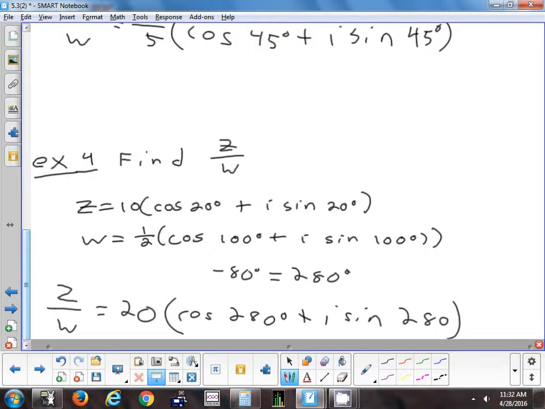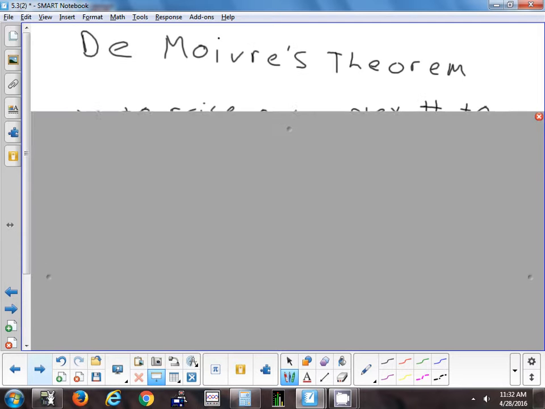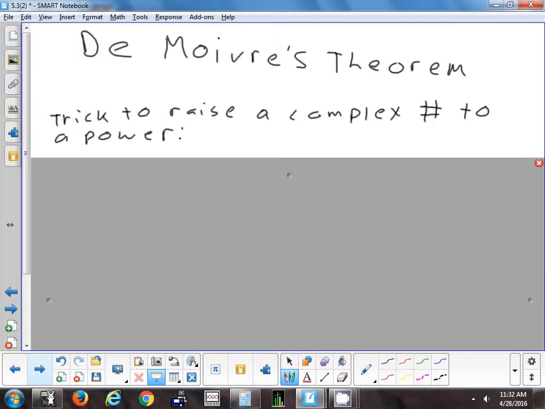All right, so we looked at multiplying, we looked at dividing. The last thing I'm going to show you, which is a nice shortcut, just as easy as these two, is raising something to a power. Okay, and the theorem we're going to look at is called de Moivre's theorem.